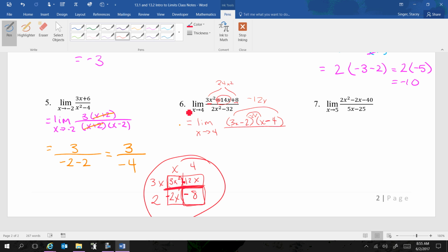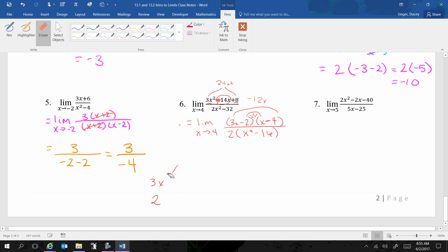So, looking at my denominator, what can I factor out? If I factor out a 2, I would have what left? What happens with x squared minus 16? It factors into a difference of perfect squares, right? So 3x minus 2 times 4, or x minus 4, divided by 2 times x minus 4, x plus 4.